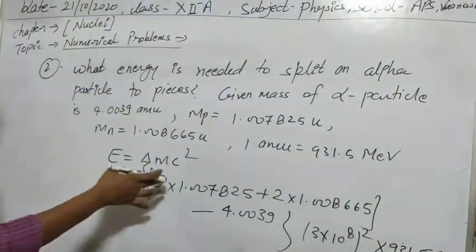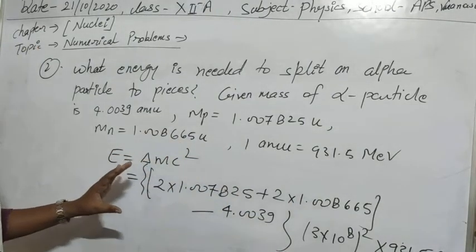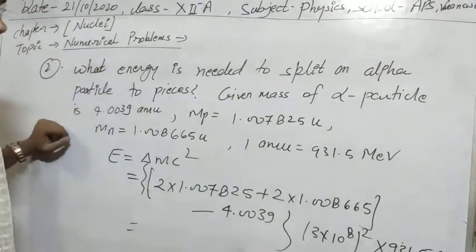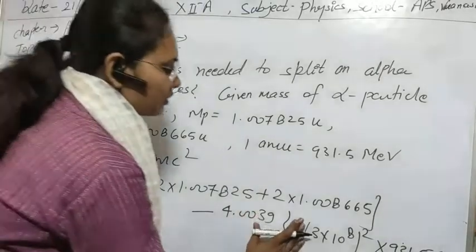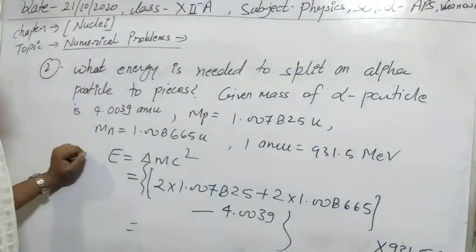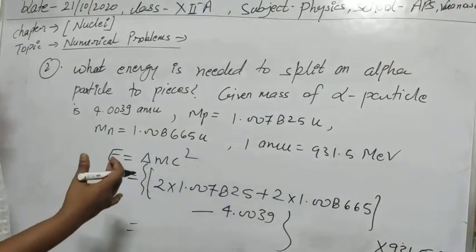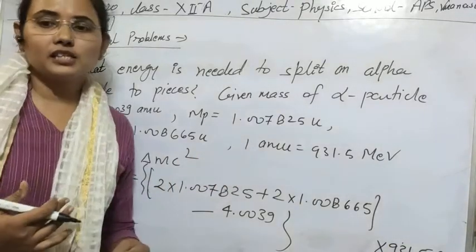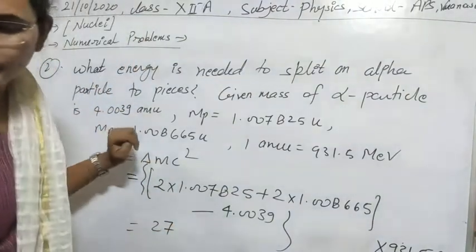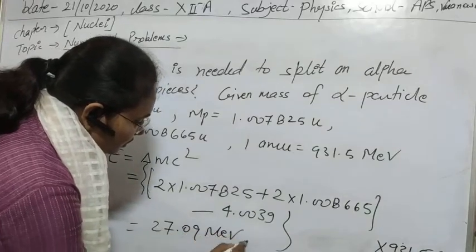This is the total energy, and we can solve it. Actually we don't have to write this thing, because if u is given here, then automatically it is the form of energy with the help of mass energy equivalence. After solving that we will get the value 27.09 mega electron volt.